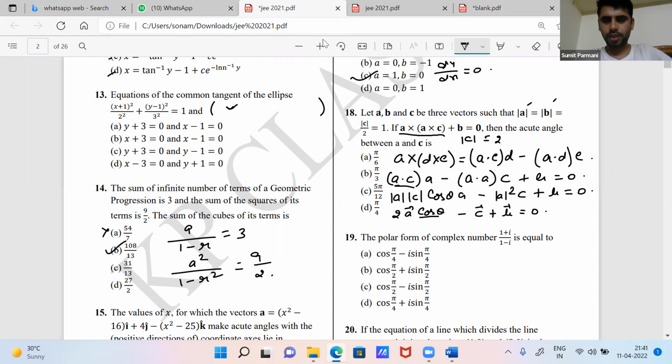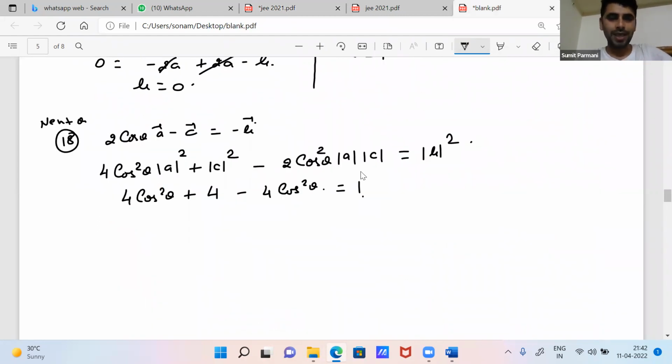A square, this is correct. A, hold on. Just a square plus b square minus 2ab. Here it should be already 4. So this is 8. Mod c is 2, so this is 8.